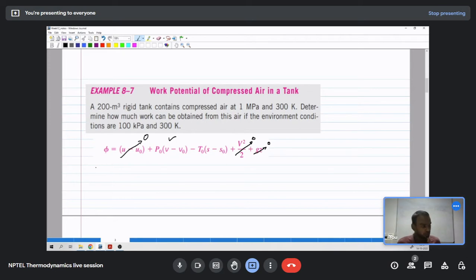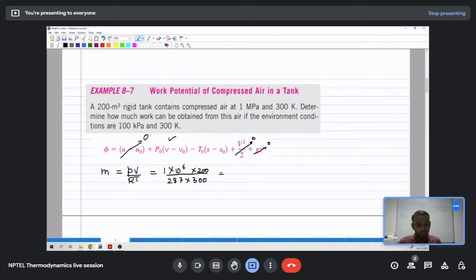First I have to calculate the mass of the system. This is availability per unit mass, so I can calculate the total mass later. M is given by PV by RT. Here pressure is 1 megapascal, or 1 into 10 power 6 pascals, into volume 200, divided by R. Since it is air, we can take R as 287, into temperature 300 Kelvin.